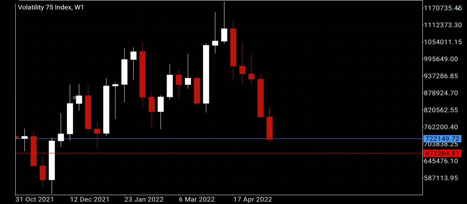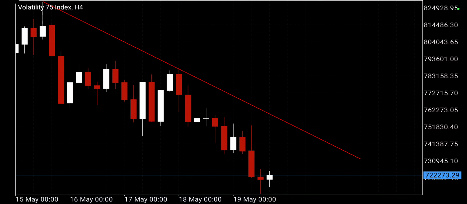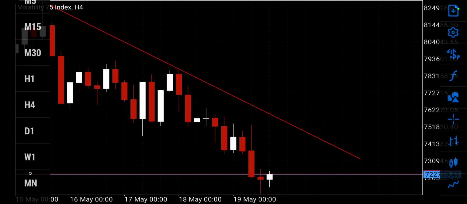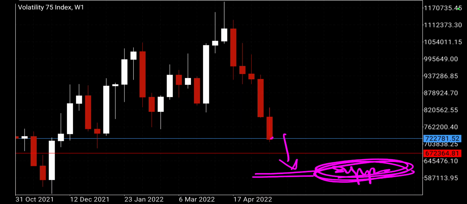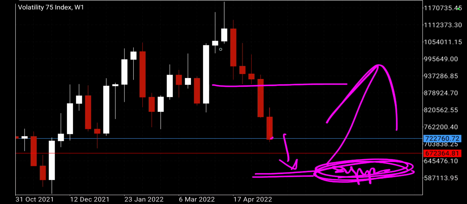But if we go below these H4 pin bars, these rejection bars, it means now we have a chance of going to the weekly, to the monthly support, which is going to be the strongest of them all. So this is where you're going to be expecting a bigger retracement, until at least there.